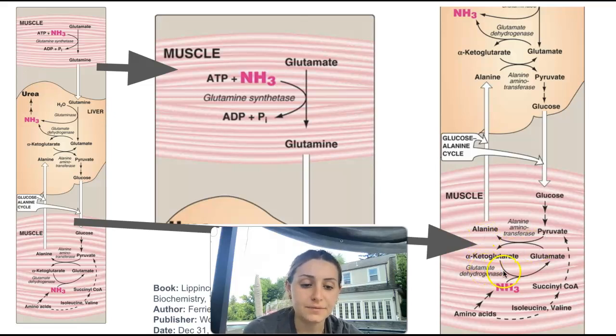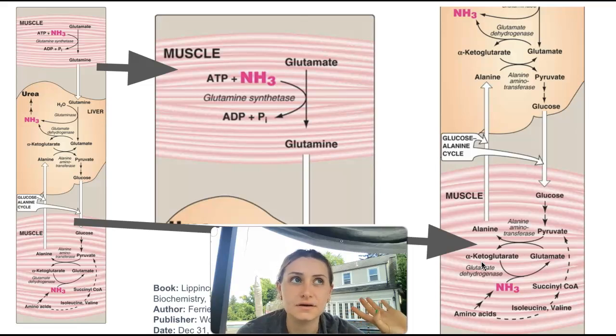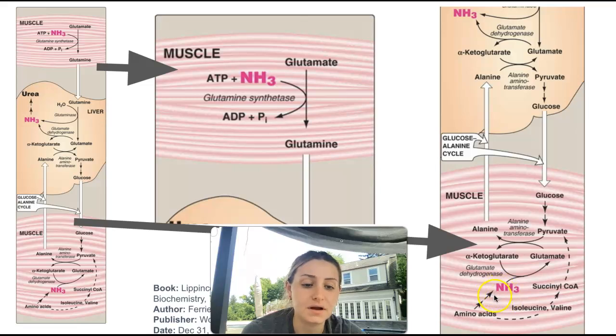And then one more thing I wanted to point out is that the alpha-ketoglutarate that we made to make the alanine to transport to the liver can be oxidatively deaminated. It can be oxidatively deaminated using the enzyme glutamate dehydrogenase, which combines alpha-ketoglutarate and ammonia to get that glutamate so that we can transaminate it.